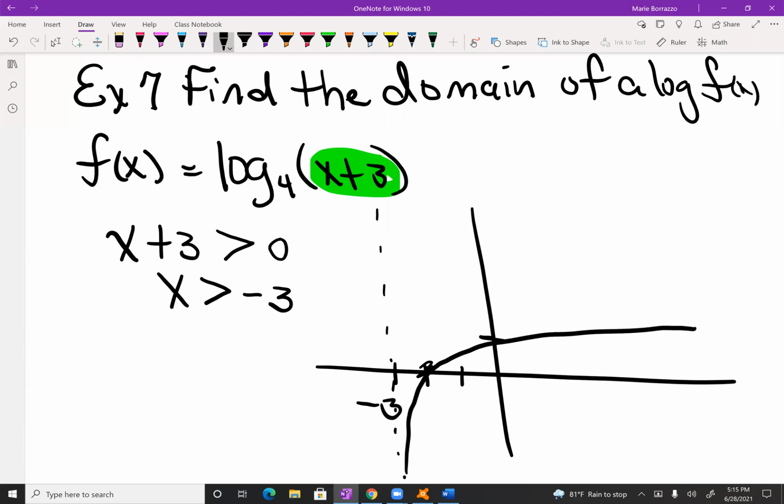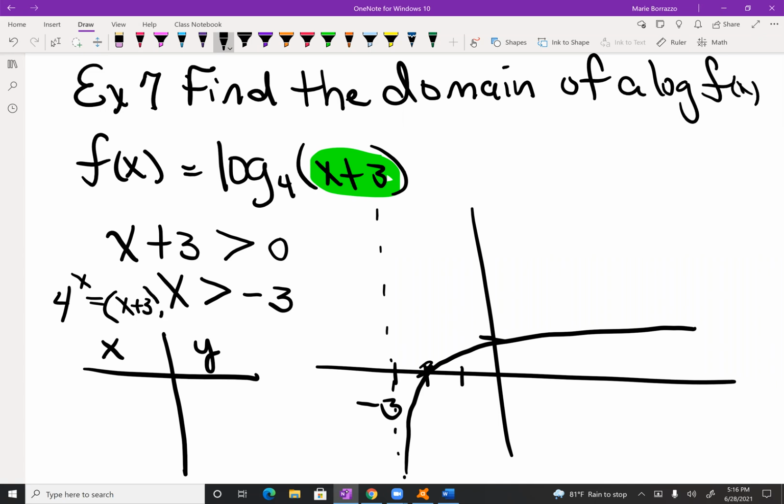It should look something like this. Because remember, if this is x, this is y. Your thinking is, 4 raised to what power is going to equal this x plus 3? And that's in essence what you're thinking.